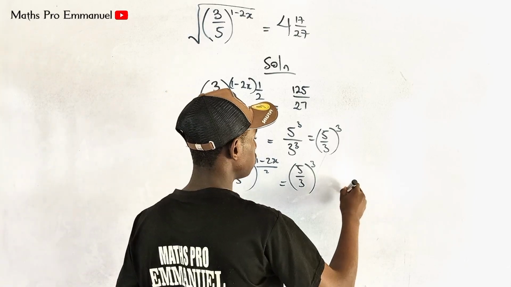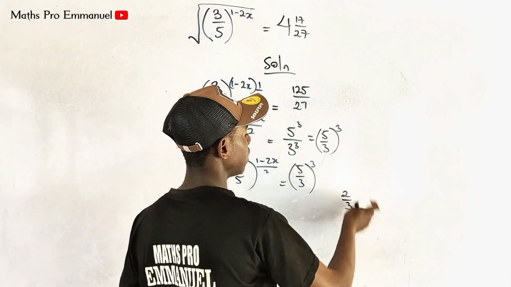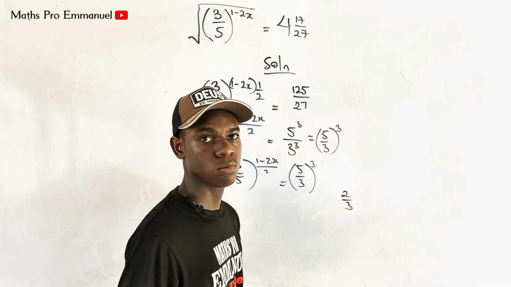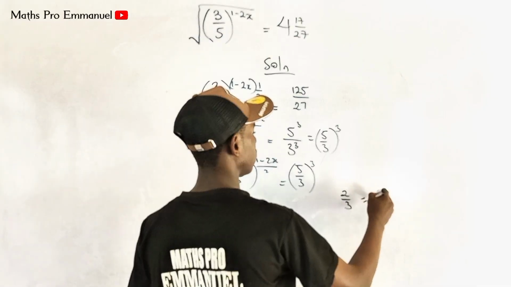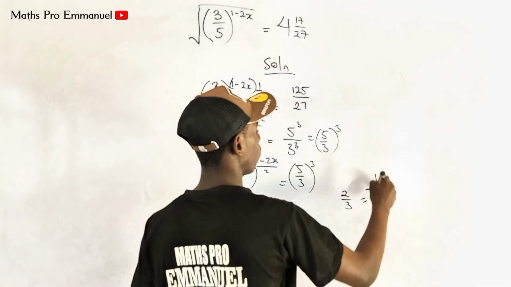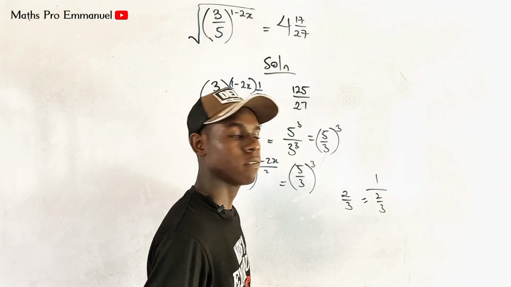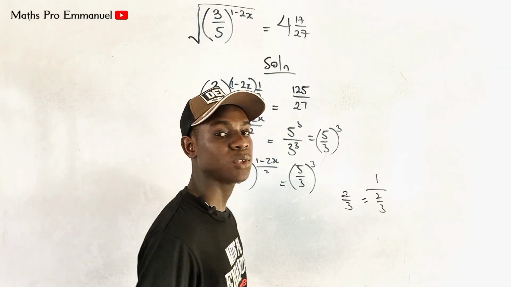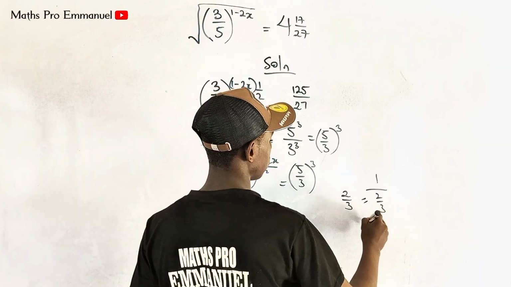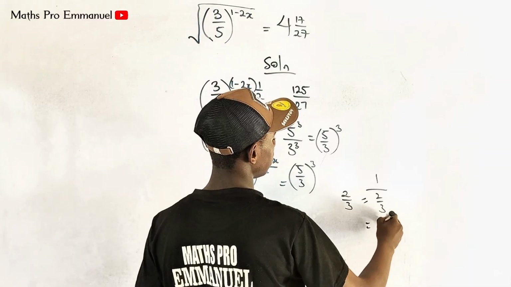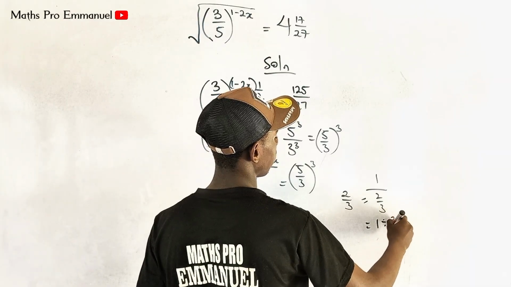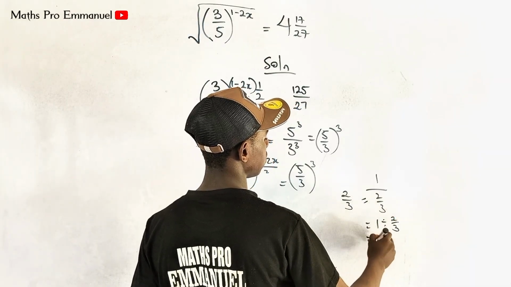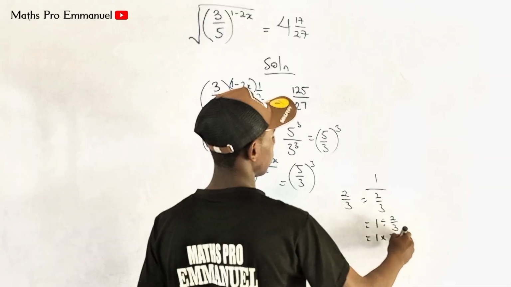Now if I have 2 over 3 and I want to convert this to 3 over 2, I'll just have 1 divided by 2 over 3. If I do 1 divided by 2 over 3, I'm going to have 3 over 2 as the result. So 1 divided by 2 over 3 is 1 times 3 over 2.